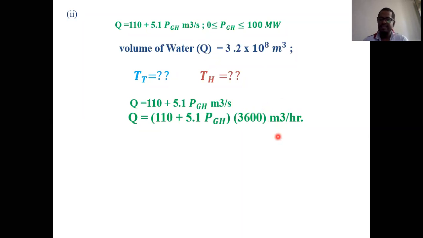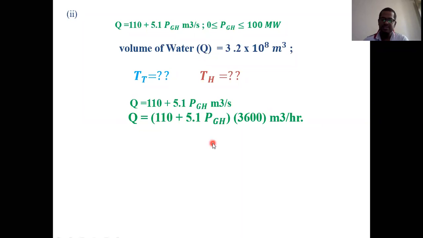The next step is to convert this meter cube per hour into meter cube. We need to do that by multiplying by a factor in terms of time. When you multiply with time, then automatically you get meter cube.